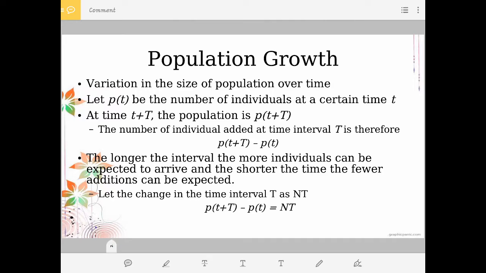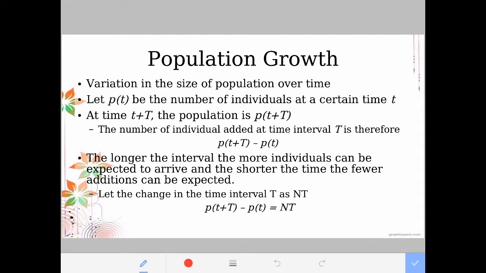At a certain time interval, that's capital letter T, if you have a time t plus capital T, the population now is P as a function of t plus the time interval T. From our simple definition, the expression becomes the number of individuals added after our time interval capital T, which is the P after the time interval T minus P before the time interval T.